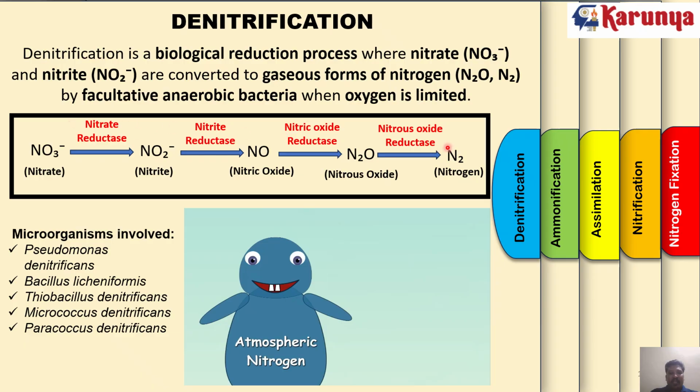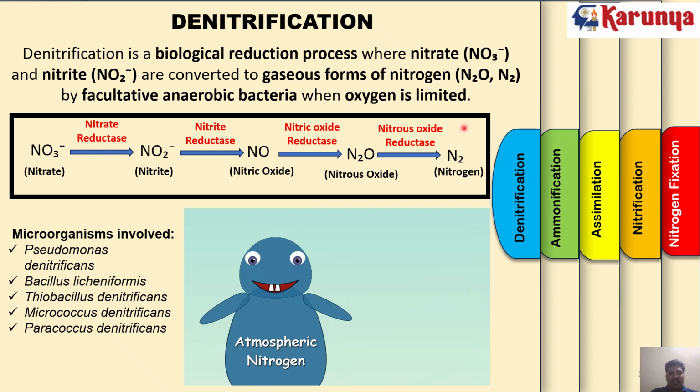These key enzymes play a major role in converting it into atmospheric nitrogen, and again it reaches the atmosphere. Only then is the balance of nitrogen between the soil and the atmosphere maintained. This process is called denitrification, which makes nitrogen unavailable to the plant, and is otherwise called a biological reduction process.